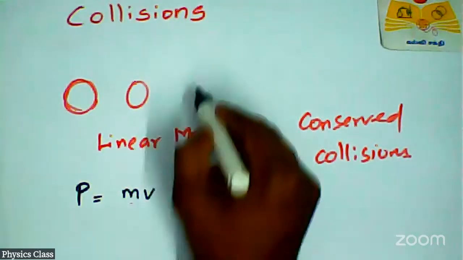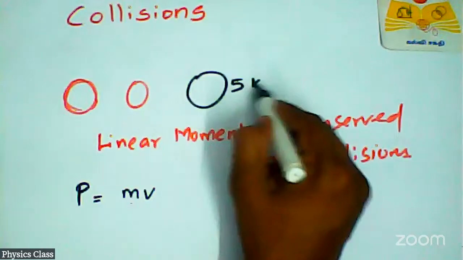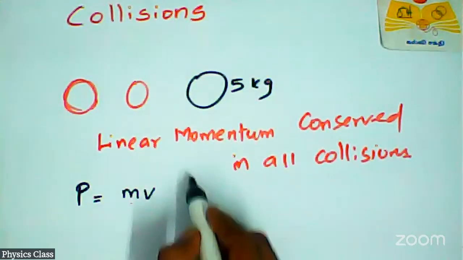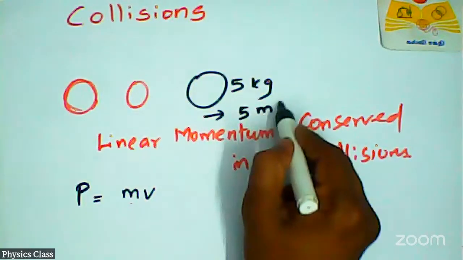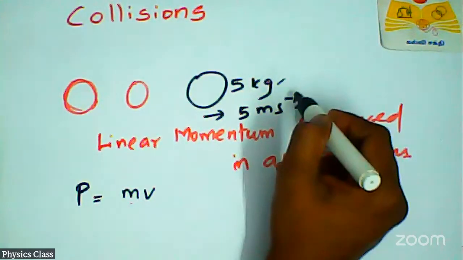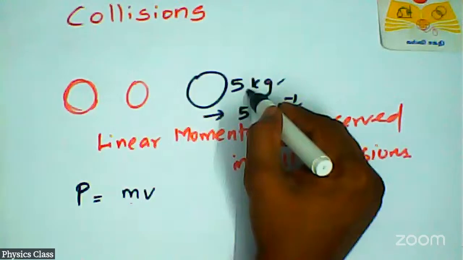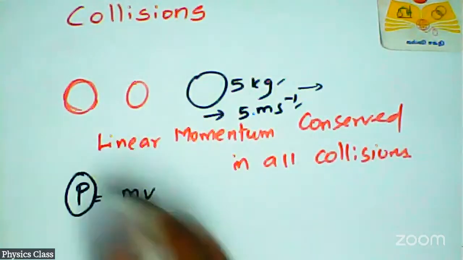Suppose one object has a mass of 5 kg and it travels at a speed of 5 meter per second. This is the mass, this is the velocity. The product of this mass and velocity gives one quantity, that is linear momentum.